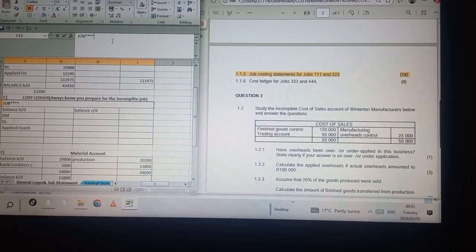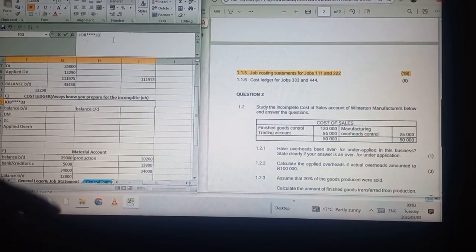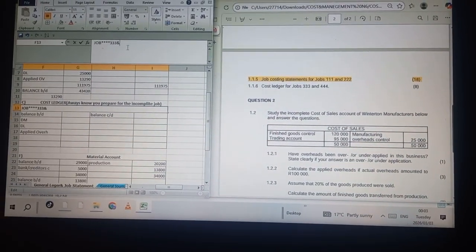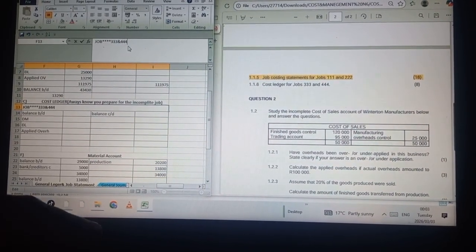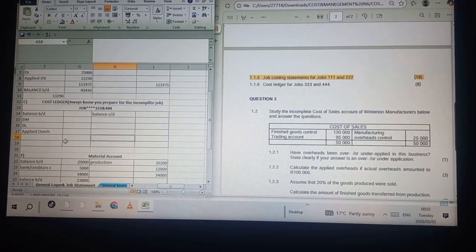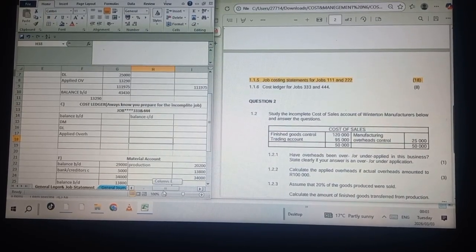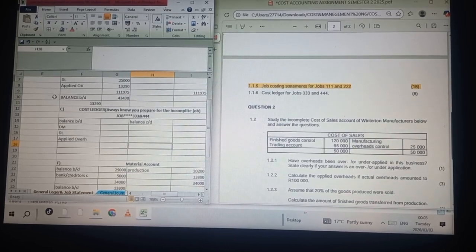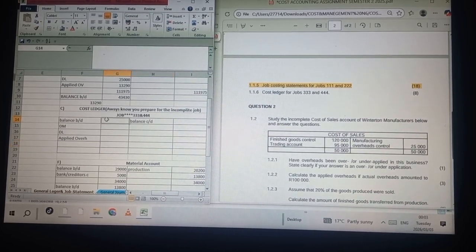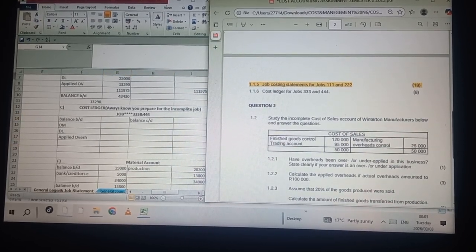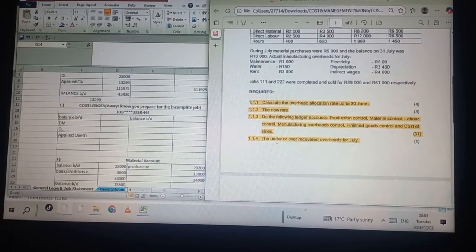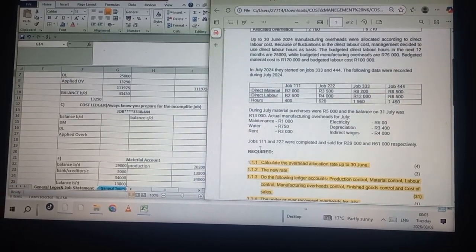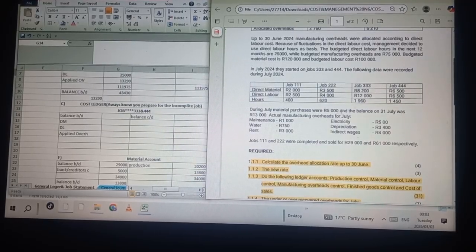For job 1, 2, 3 and 1, 2, 3, 4. Just to save time, guys, I will do it fast and quick. Cost ledger for the incomplete job.